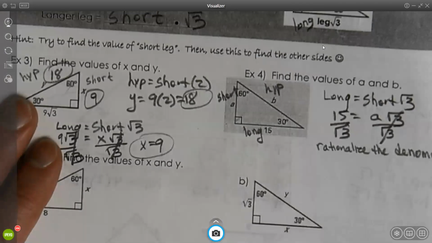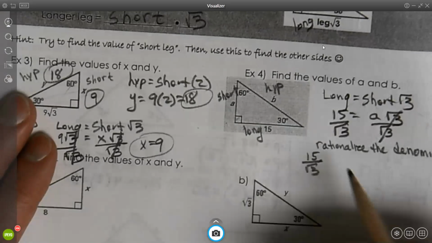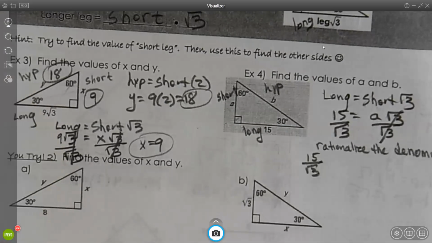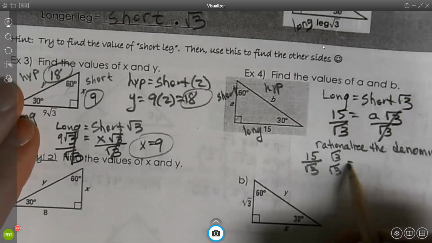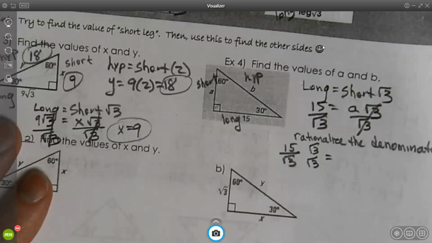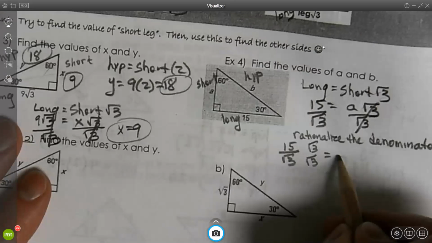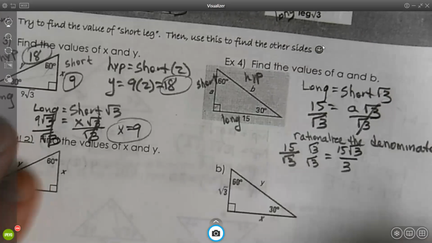To rationalize the denominator, you take the 15 over root 3, you multiply it by root 3 over root 3 to get the radical out of the denominator. We're multiplying that fraction by a value of 1. So we get 3 on the bottom, we get 15 root 3 on top.